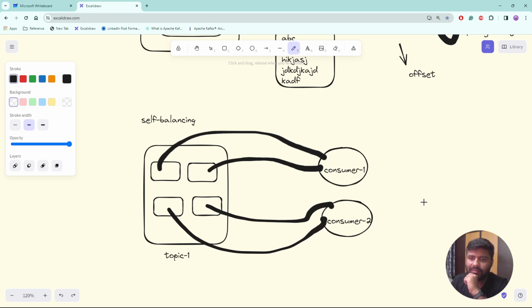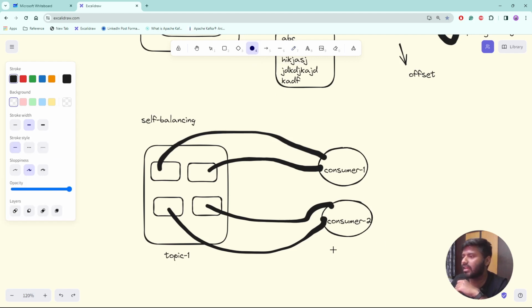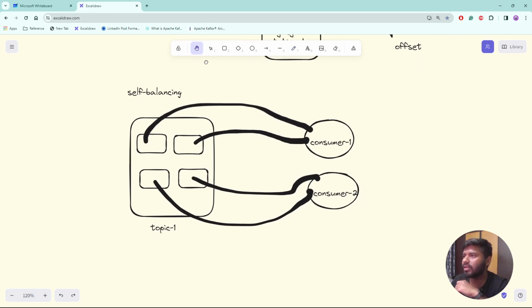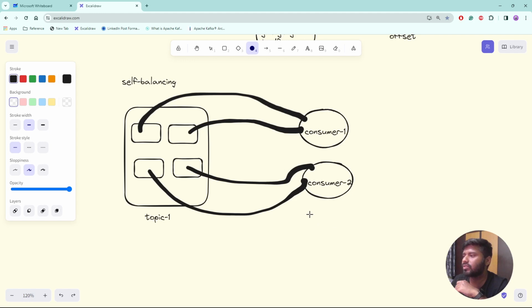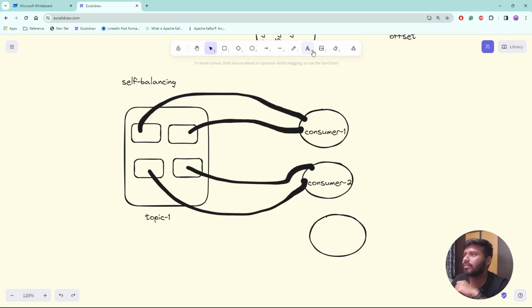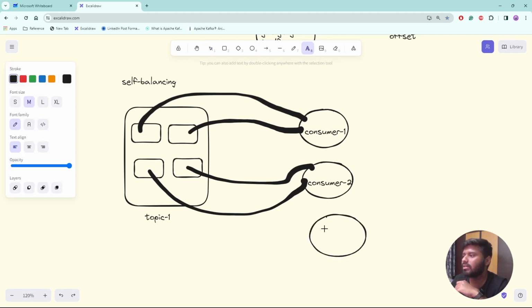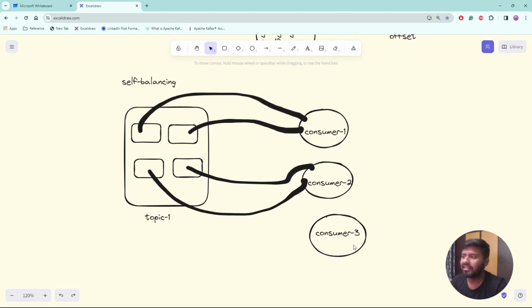Now, if we make it a bit more tricky, let's say I have introduced one more consumer. This is my consumer 3. Now tell me, which partition is going to provide information to consumer 3?